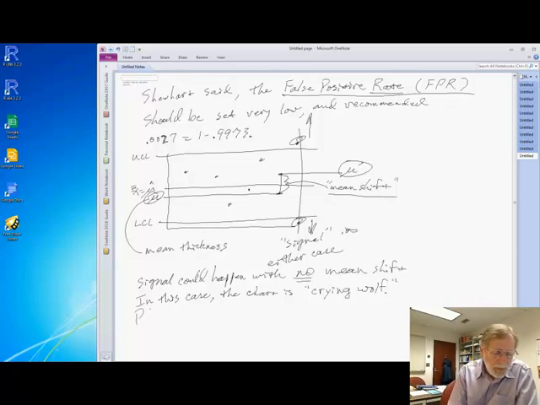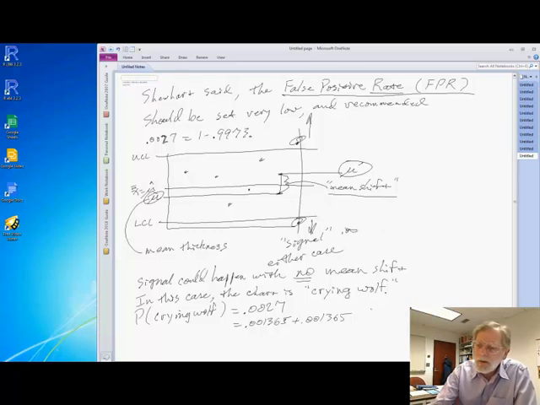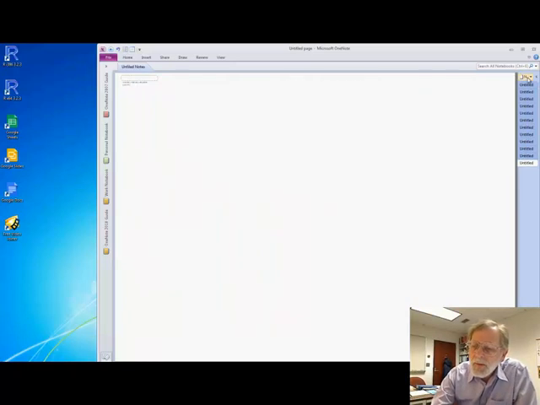So the probability of crying wolf on the next point is equal to 0.0027. How do I know that? Because that's 0.001365 plus 0.001365. Where'd you get this funny number, 0.001365?